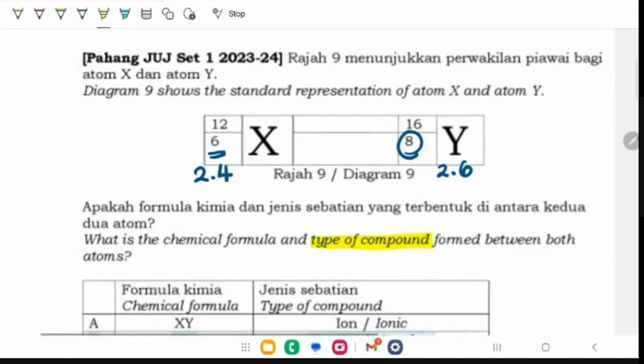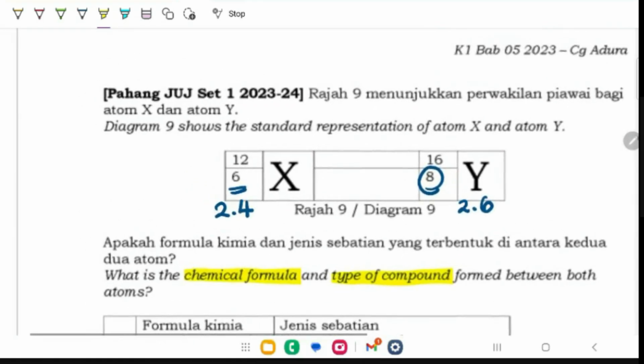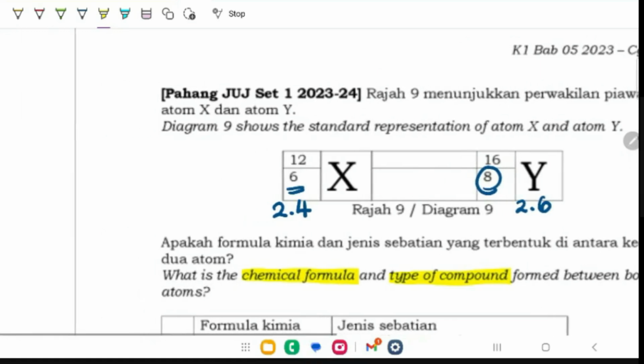And then what is the formula? Okay. These are actually also very simple. But here you need to remember the concept is sharing of electrons, because this one is covalent, right? Okay, covalent. And then chemical formula, okay.